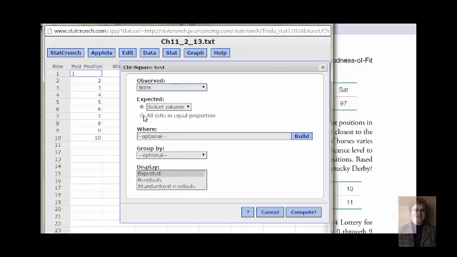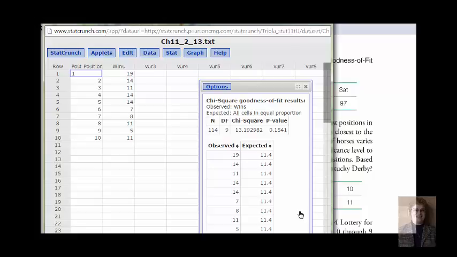All cells in equal proportion. And I want to display my expected values. So let's go ahead and compute it. And you can see that I have a chi-squared statistic, I have a p-value. Now it asked us to use a .05 significance level.